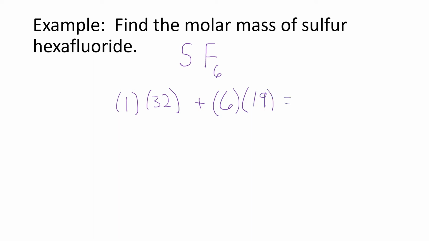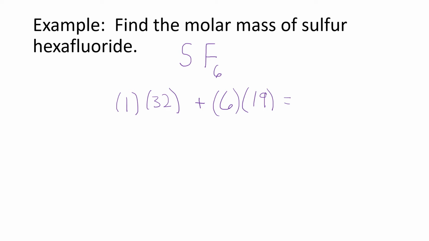Now, if I run this through my calculator, I'm not a big fan at all of doing parentheses, so what I like to do is no parentheses. Multiplying by 1 doesn't change anything, so I'm not going to multiply by 1. I'm just going to type in 32 plus 6 times 19.